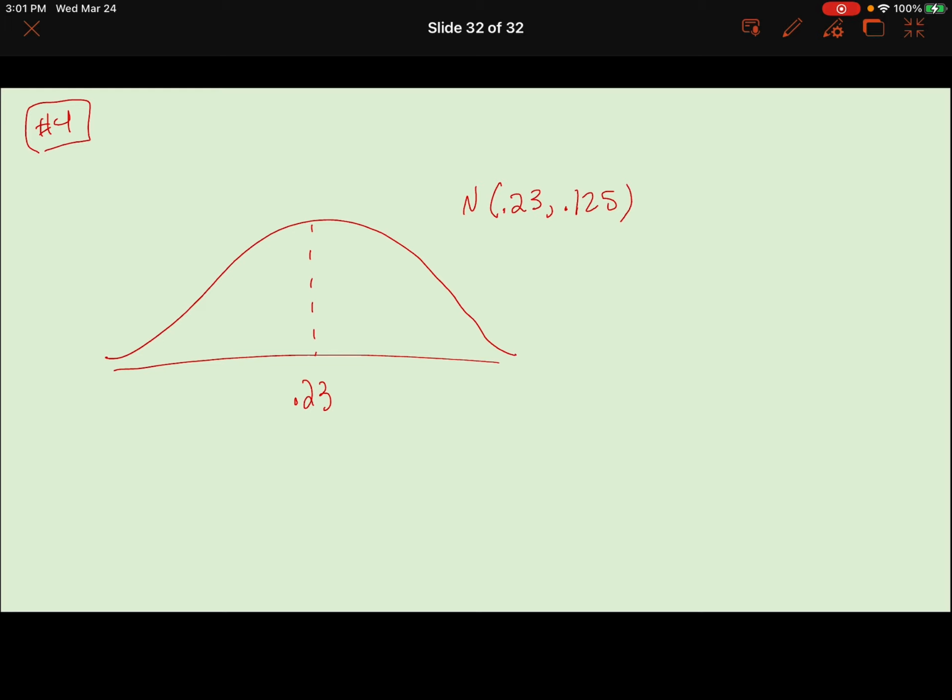What is the probability that the difference is greater than 30%? So 30% is here. We're looking for what is the probability that we're looking at something greater than 30%. Using normal CDF is the easiest way to solve here. And if you're using normal CDF to explain your work, just make sure that you are saying what your numbers are.